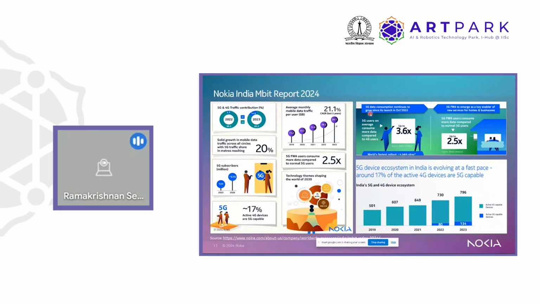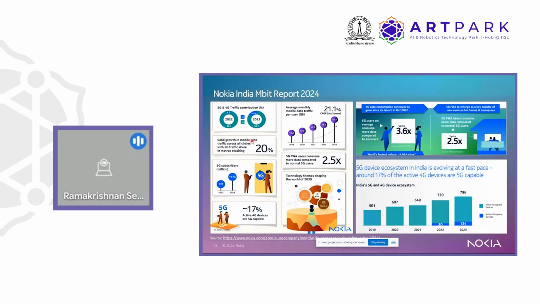Having said that, the 2024 MBIT report primarily aligns with the global trend that the 5G contribution to 4G and 5G traffic has increased. This was one of the reasons for the increase in mean downlink speed.